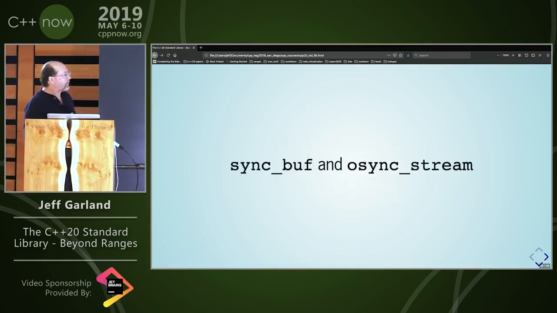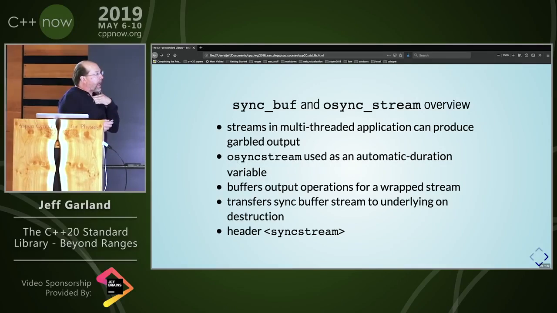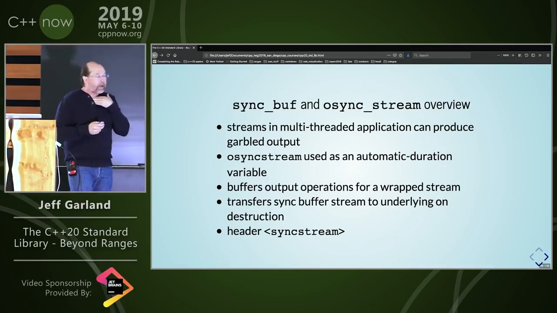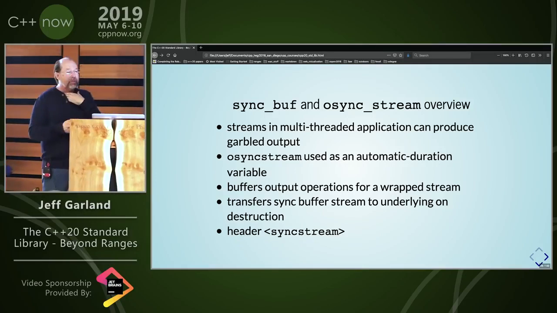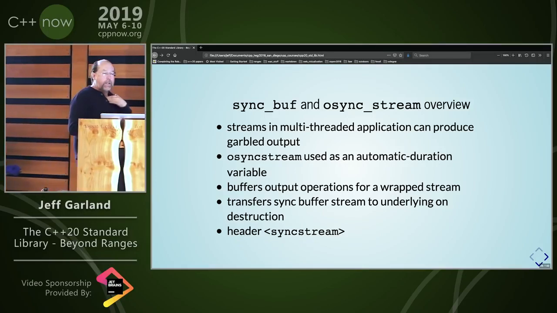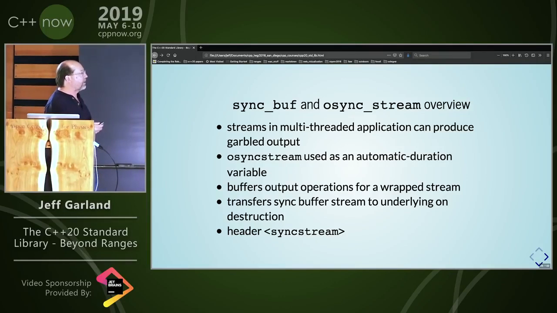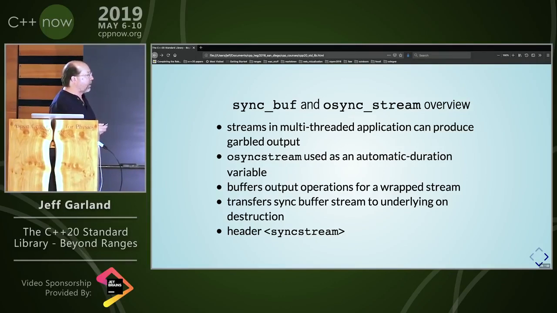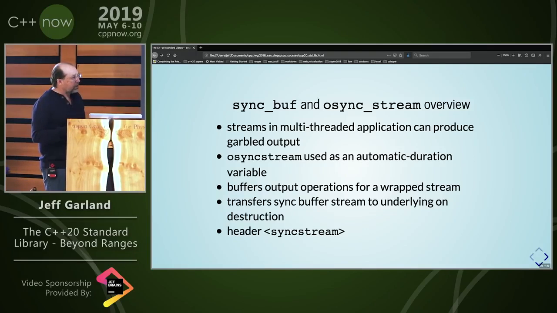Okay. Let's move on. Sync buff, osyncstream. So in multi-threaded applications, it's very easy to get your streams garbled up. If you're sharing a stream between threads, you can definitely get yourself into some trouble. There's a long history. I think it was mostly in the concurrency working group.